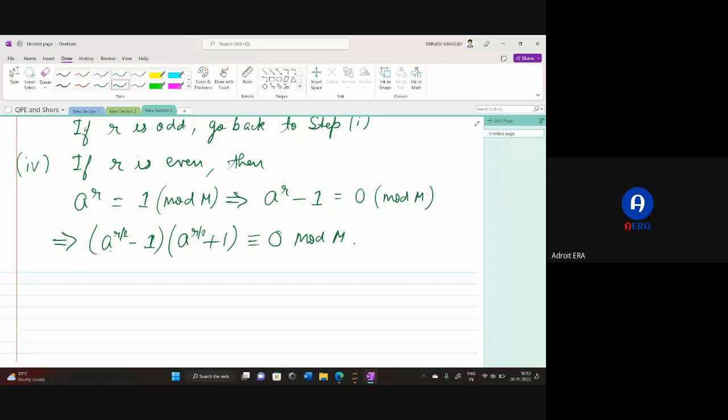Just let A to the R by 2 be equal to x, then it will be easy.